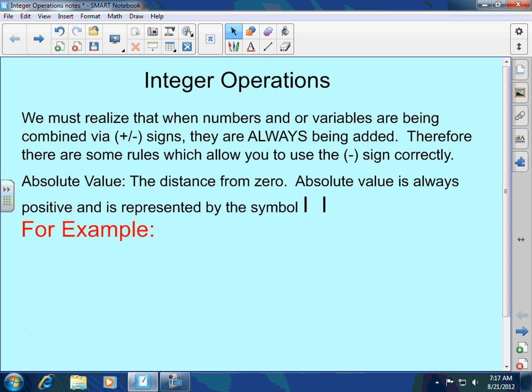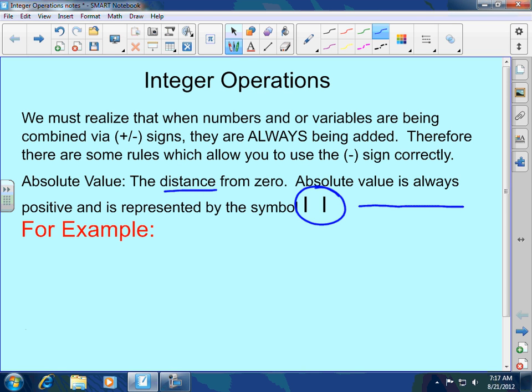Absolute value is the distance from zero. Absolute value is always positive and is represented by this symbol here, okay, these two lines. Now, it's always positive because it is a distance. So even if you're talking about the absolute value of -3, the absolute value of -3 equals 3.